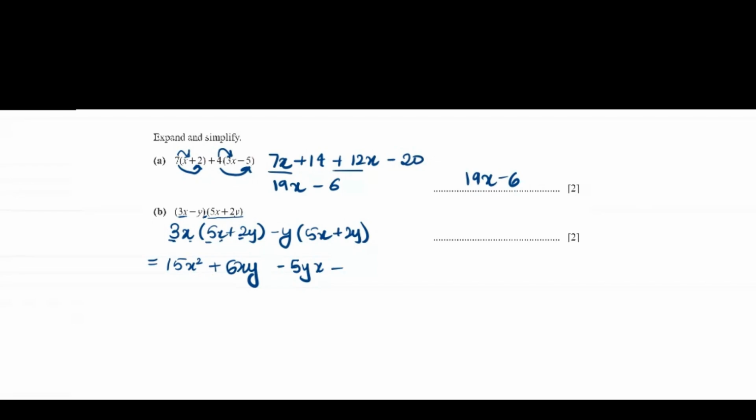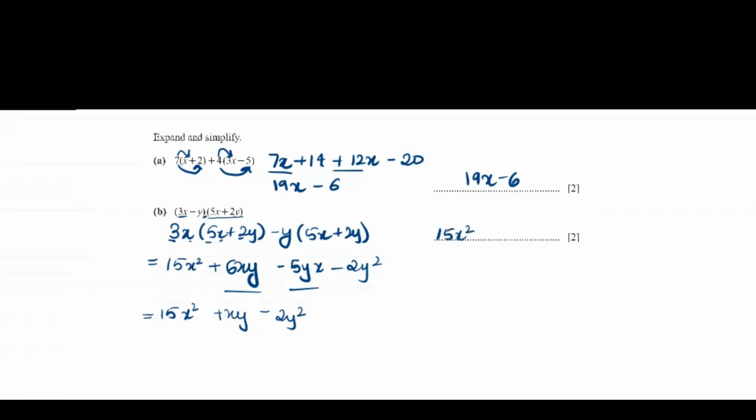Y into 2y would give me a 2y square. Y into y gives me a y square. Now I have to find the like terms. It's this and this. This would simplify further into 6 minus 5 as plus xy minus 2y square.